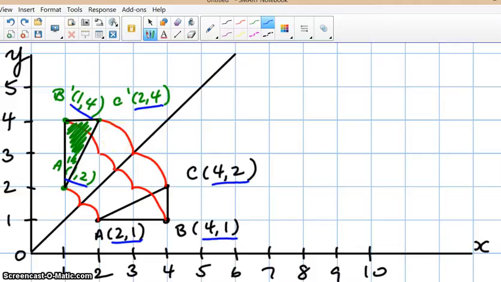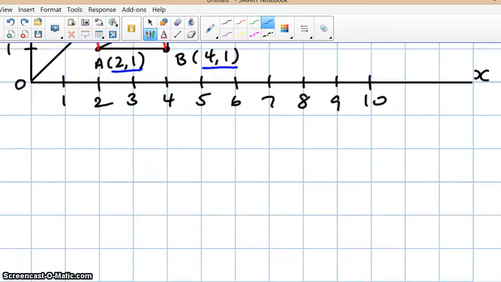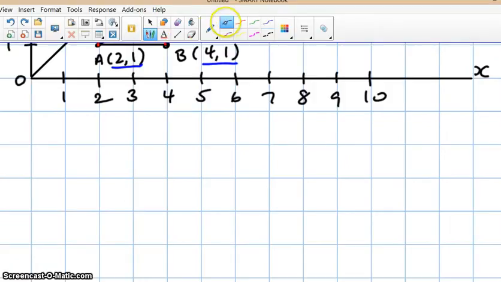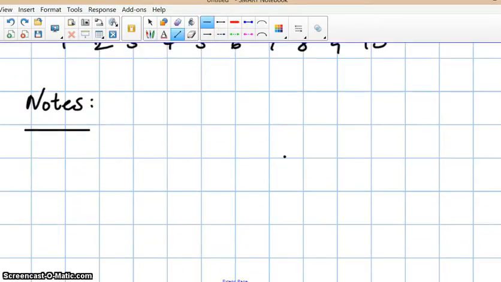So let's just summarize what you learned here about reflections. Okay, so I'm just going to have a section here called notes. Okay, and I'm going to refer back to all the notes that we did. Okay, so first point.